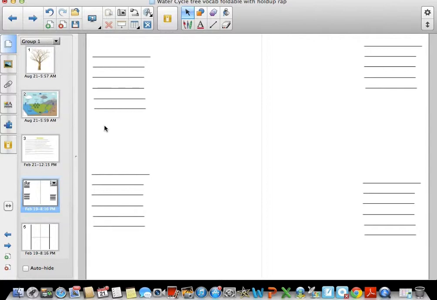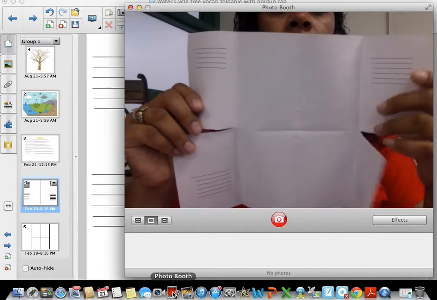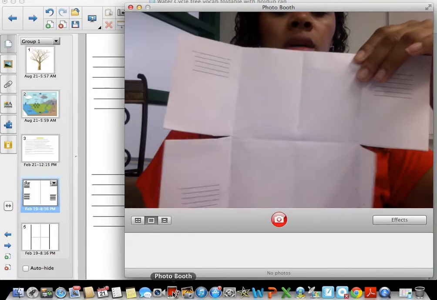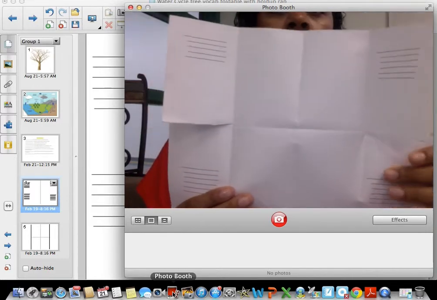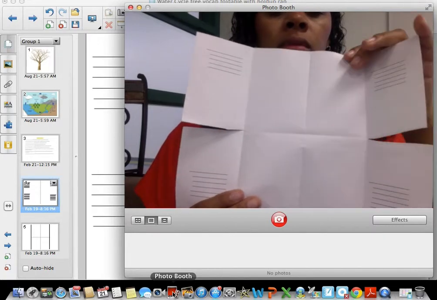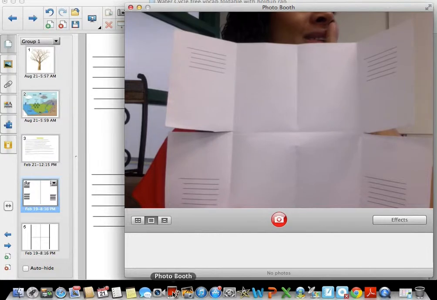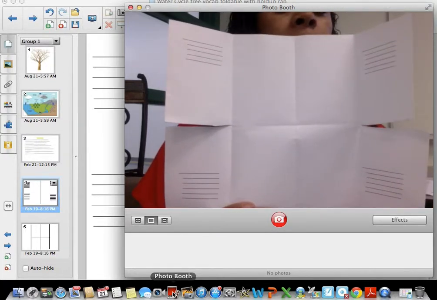That means your paper should now be open like this. Open it up because we're going to be doing some things on the paper. You can put your scissors down because we don't need them. Not yet.